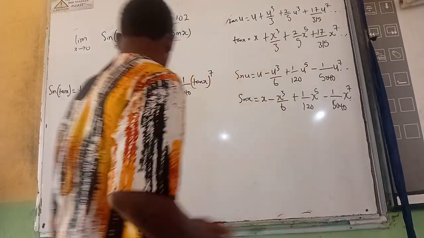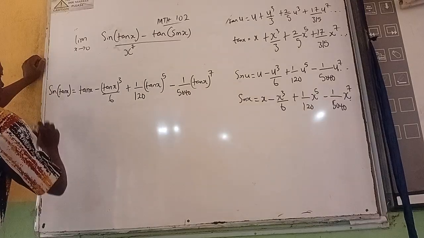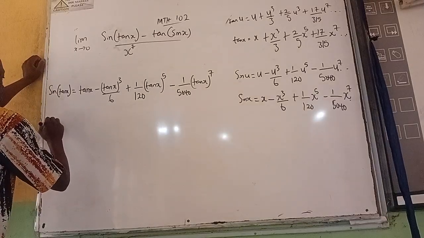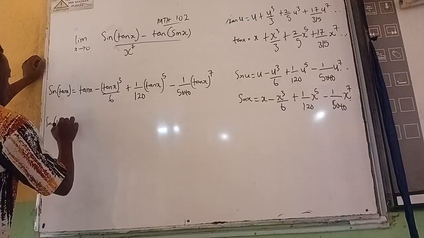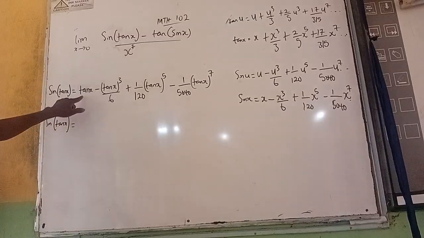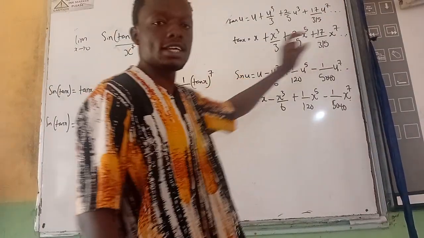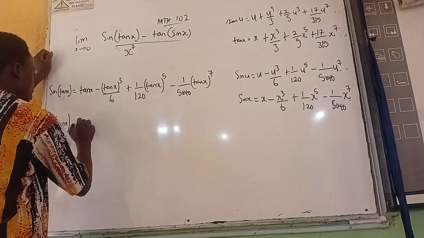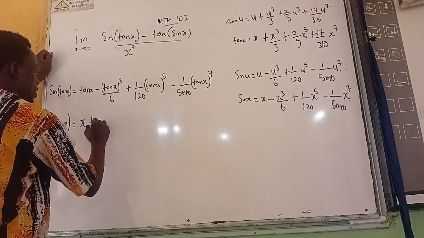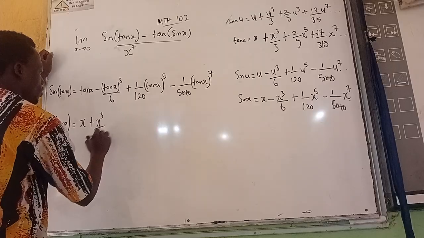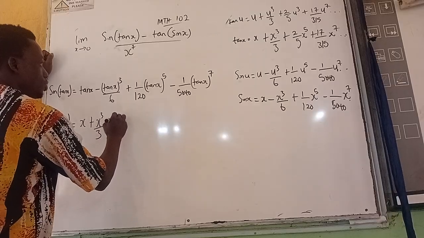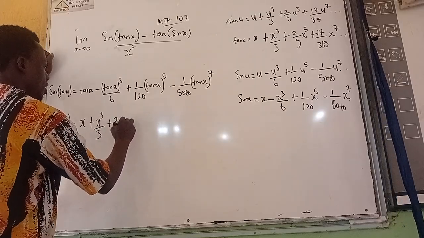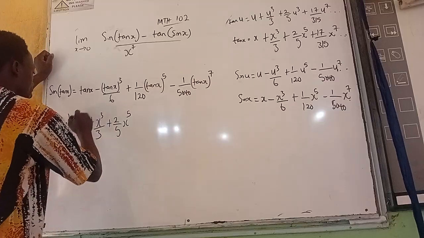So here we can say sine tan x equals tan x. What's tan x? It is x plus x cube over 3 plus 2 over 5 x raised to power 5.